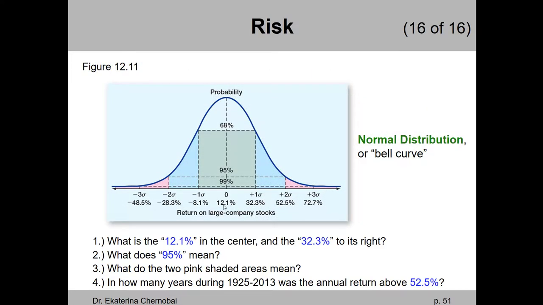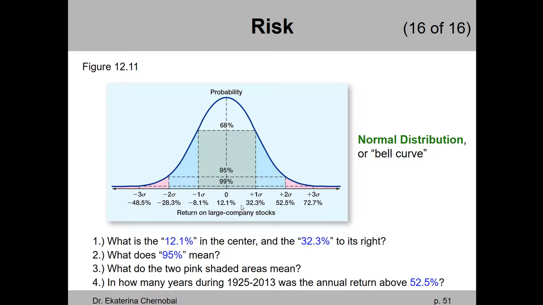Next to it, to the right, 32.3%. Above it, it says plus 1 sigma. Sigma is the notation we use for the standard deviation. So if you take the average and add 1 standard deviation, you get 32.3%.